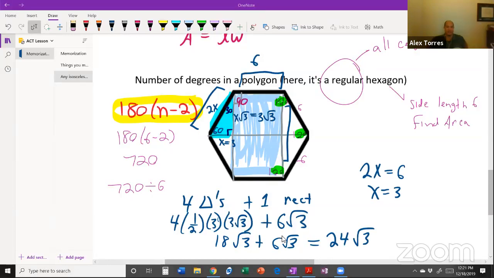I have never seen this sort of breakdown between the 30, 60, 90 triangle and a regular polygon like octagons or nonagons or what have you. That would be maybe above the purview of the ACT. But you do need to know 180 times n minus 2 applies to any shape. So a question could be: what's the angle measure of one of the angles of a regular 12-gon? And you can use this formula, 180 times 12 minus 2, and divide by 12. So lots of different applications.